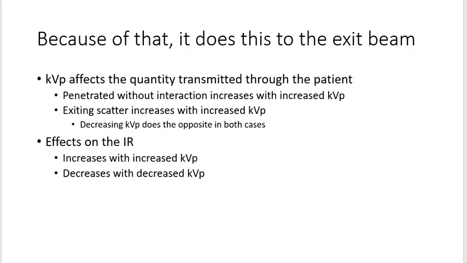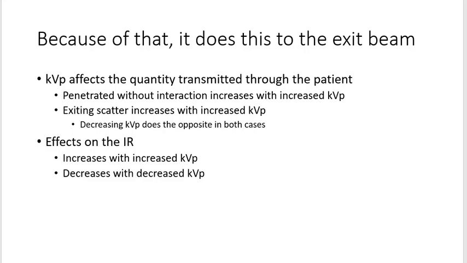So if we increase kVp, we're going to have more photons that penetrate through the patient without any kind of interaction. So we have a higher energy remnant beam. In addition to that, though, the exiting scatter increases with increased kVp. So we're going to have not only more penetrated X-ray photons, but we're going to have more penetrated scattered photons as well. Decreasing kVp does the opposite in both cases.